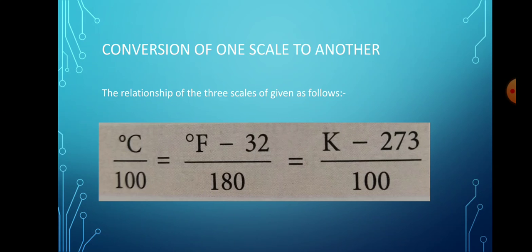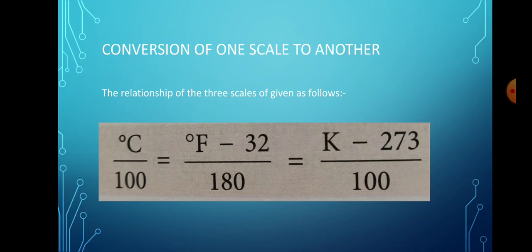Degree Celsius upon 100 is equals to degree Fahrenheit minus 32 upon 180 is equals to Kelvin minus 273 upon 100.